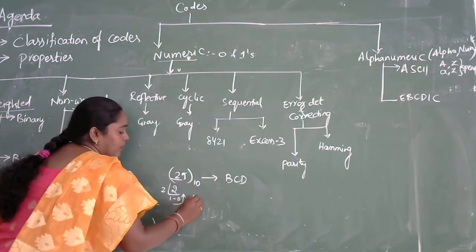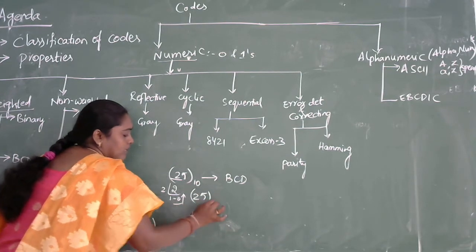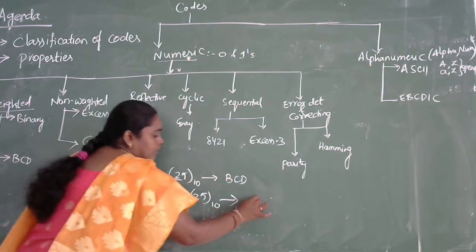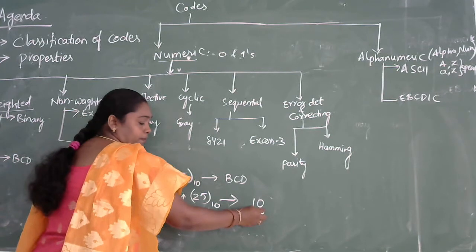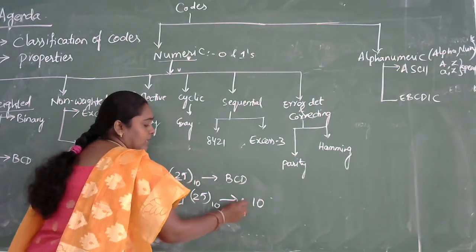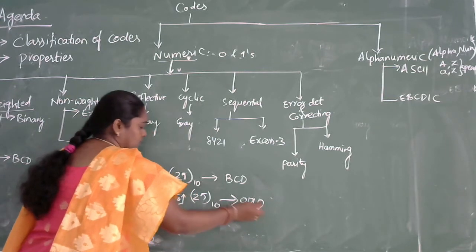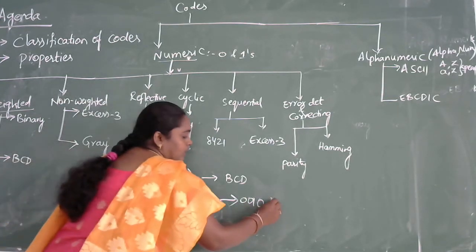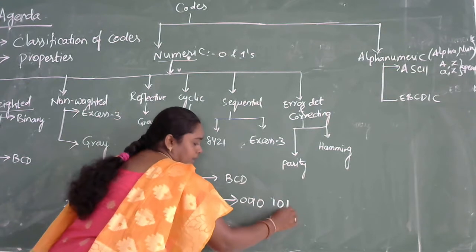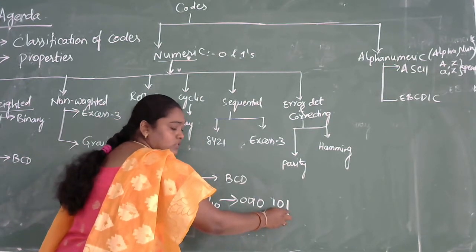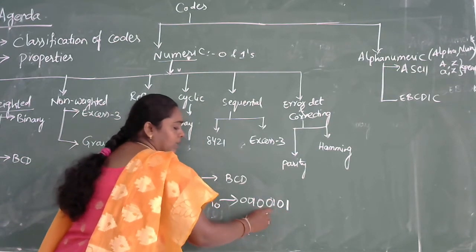So the BCD equivalent of 2 is 0010. If there are fewer than 4 digits, we need to append zeros, so double zero 10. Similarly, the equivalent of 5 is 101. Here also I am not getting 4 digits, that is the reason I am appending one more 0.